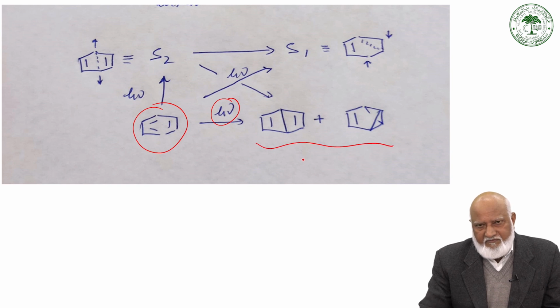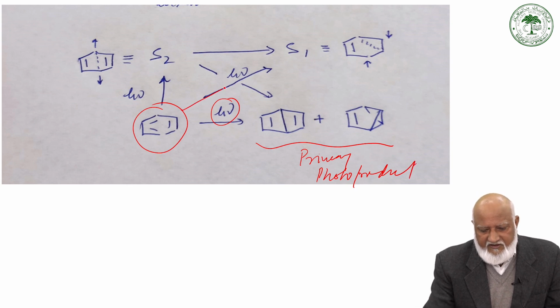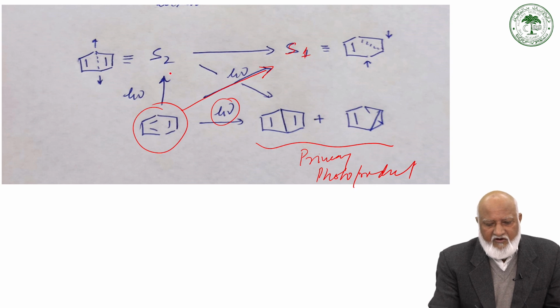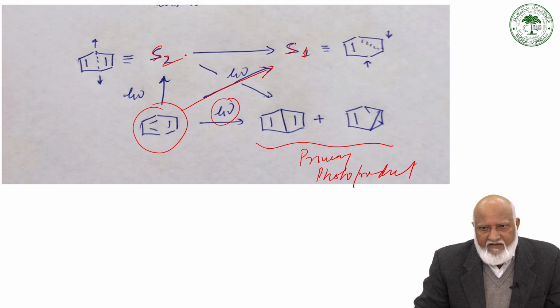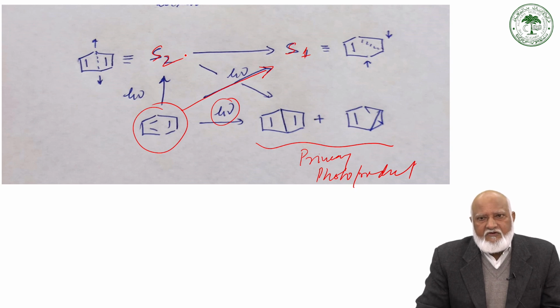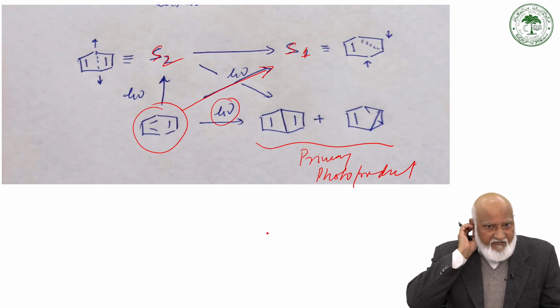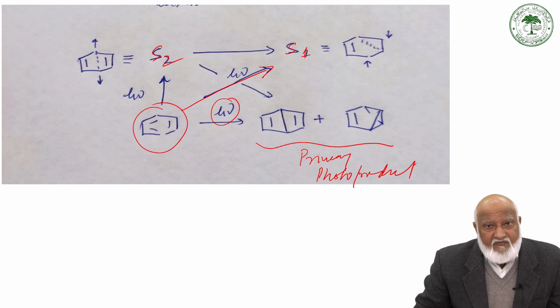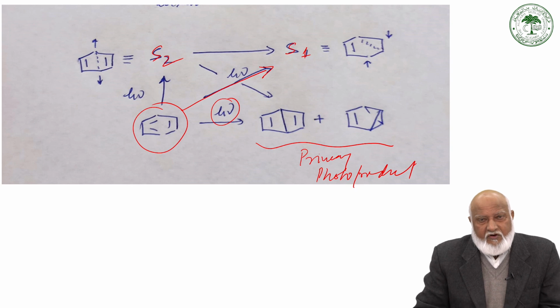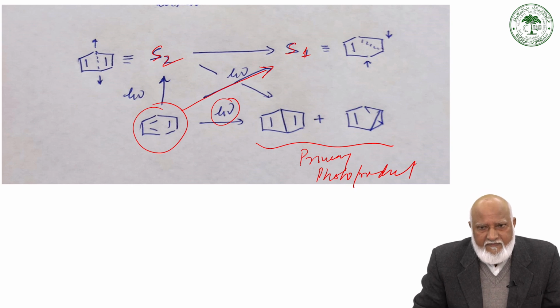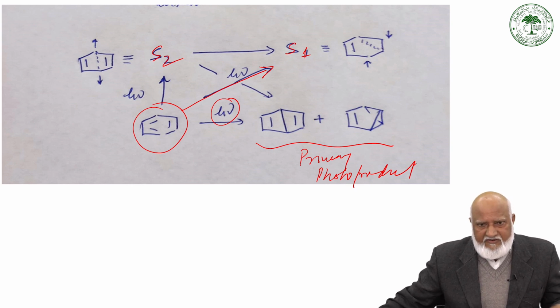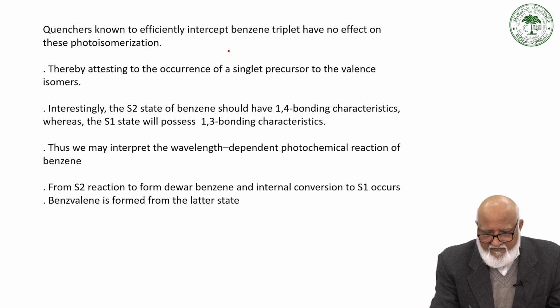These are the two primary photoproducts, and then it can go to either the S1 excited state or the S2 excited state, and it has been assumed that S1 gives a 1,3 diradical species, whereas the 1,4 diradical originates from the S2 excited state, whereas the 1,3 diradical originates from the S1 state.